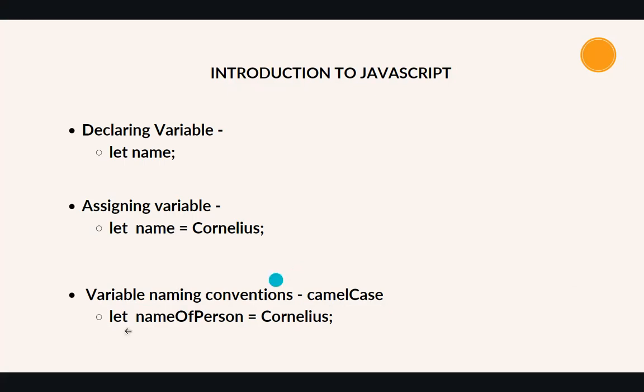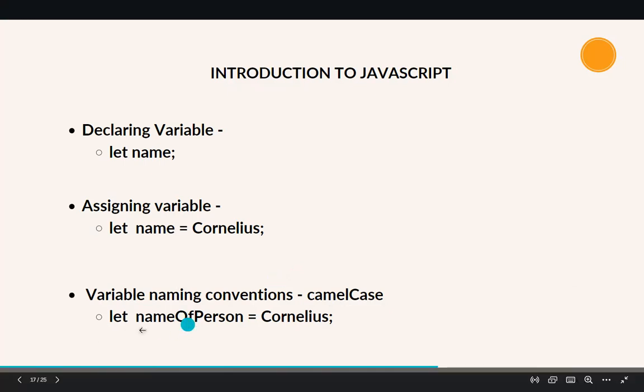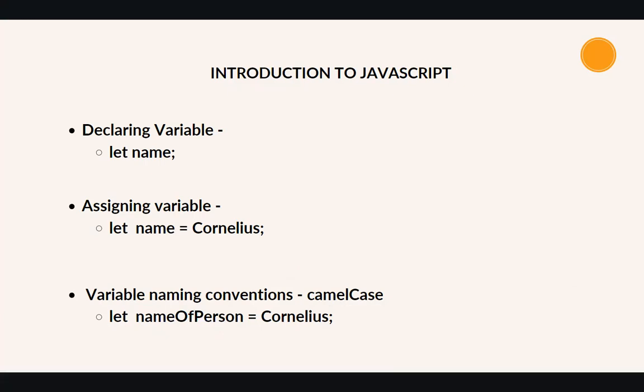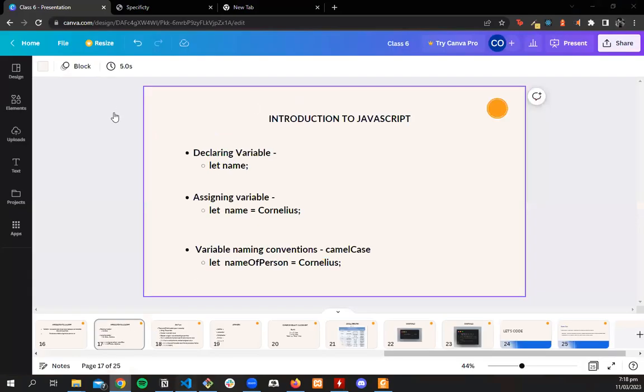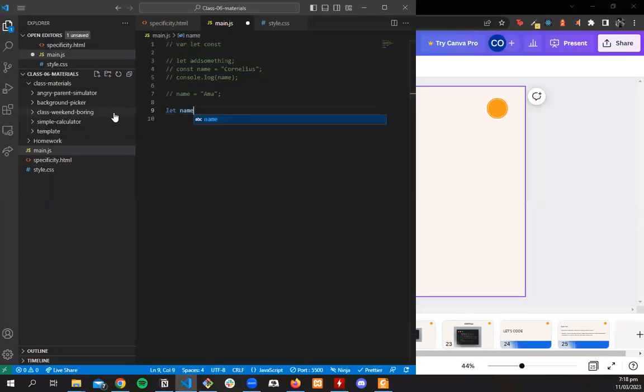Now, as you can see, apart from the first word, I'm starting every new word with a capital letter. That's what we call camel case, and it's the convention for developers. We usually use camel casing. The other way you could do it, some people do let name_of_person with underscores.